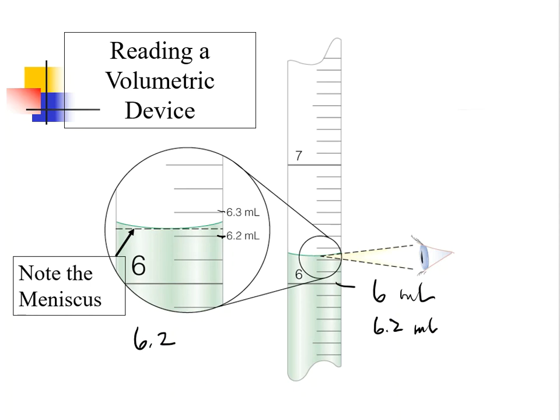So I'm going to round a number on the back end. And I'm going to say, well, this is not quite half, so this is not 6.25, but maybe this could be a 6.23 milliliters. Or 6.22 milliliters, or 6.24 milliliters.